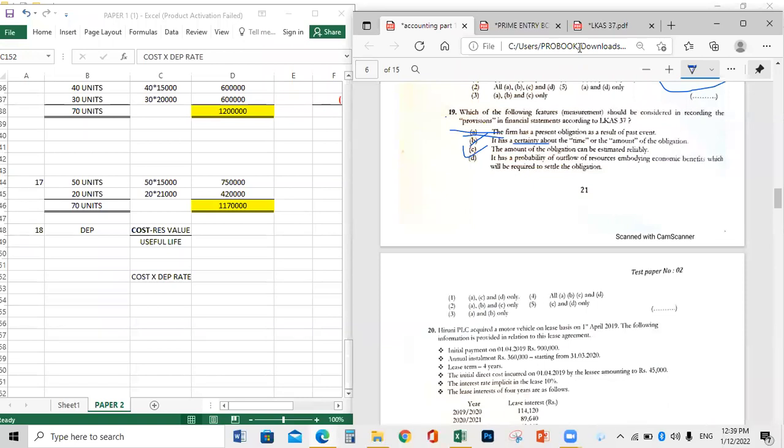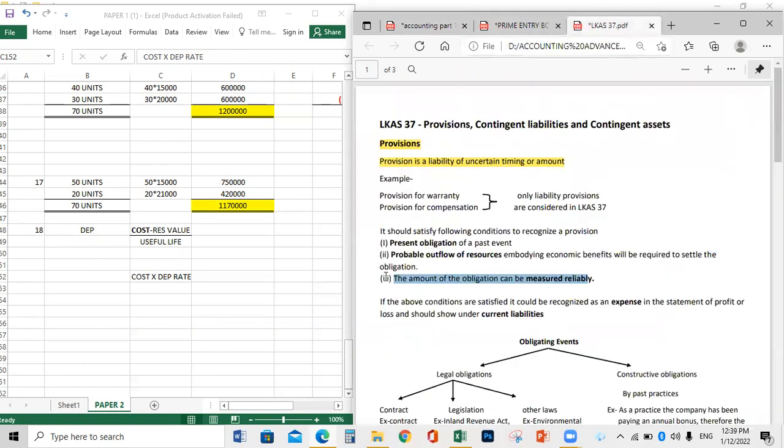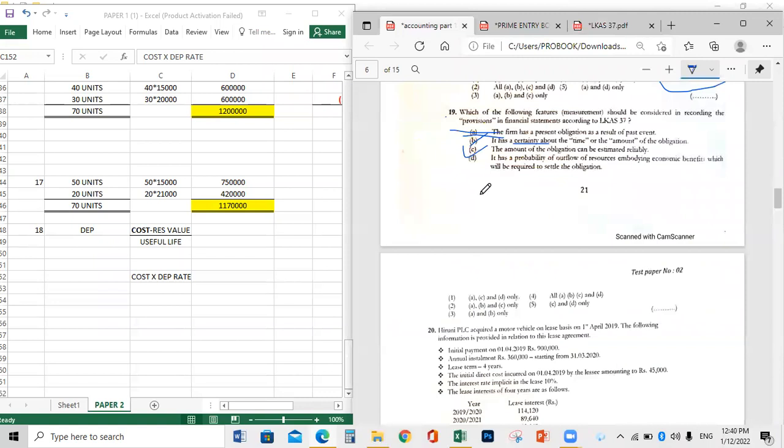That is the third requirement: a probable outflow of resources embodying economic benefits. The word probable is very important.